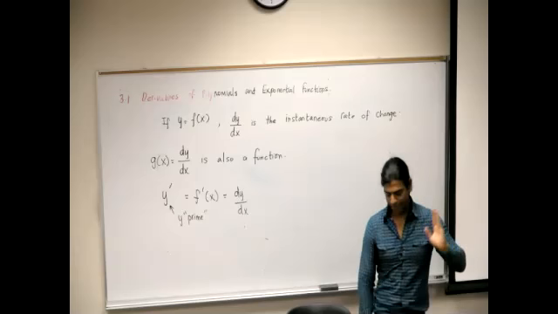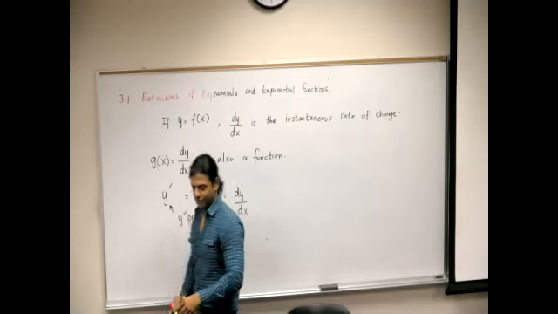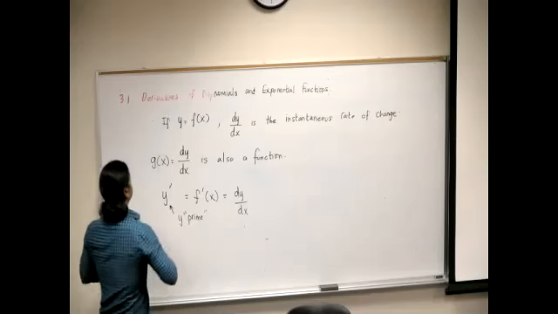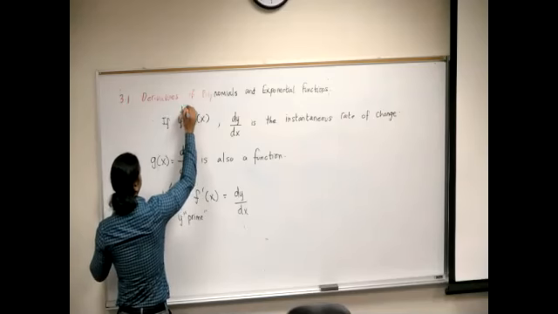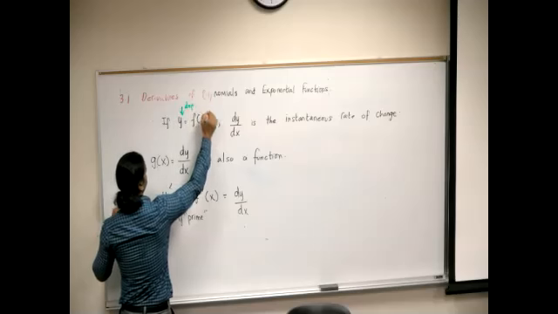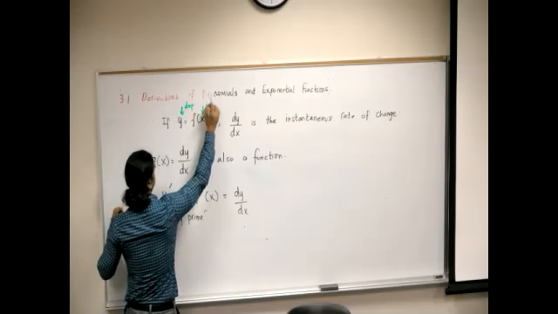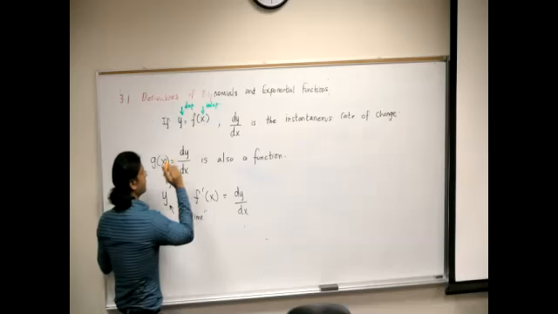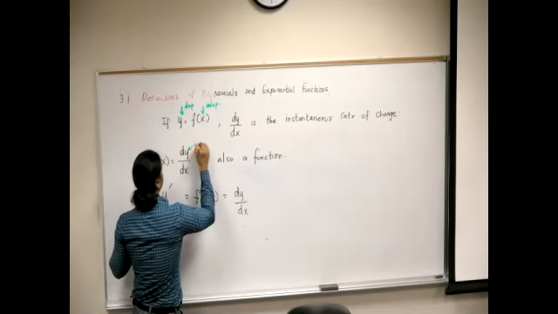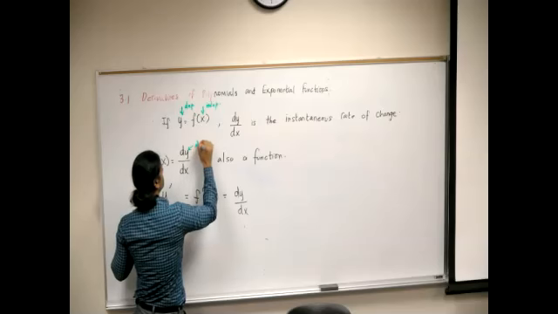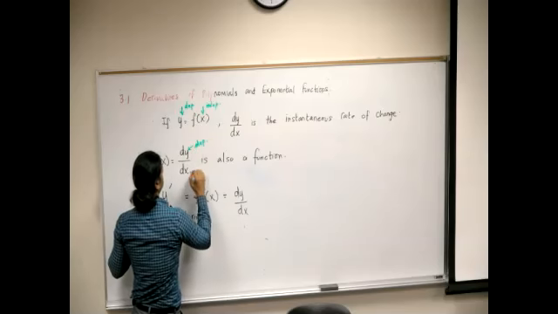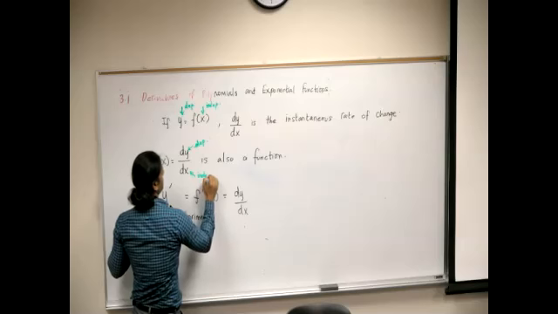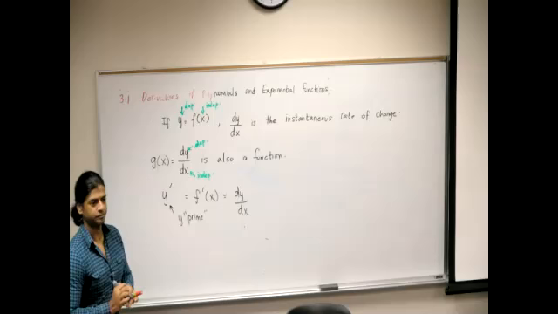Does that make sense? You could change the letter, put anything you want, but you do have to keep in mind that this is dependent, this is independent, and the derivative is always the change in the dependent variable with respect to the independent variable.